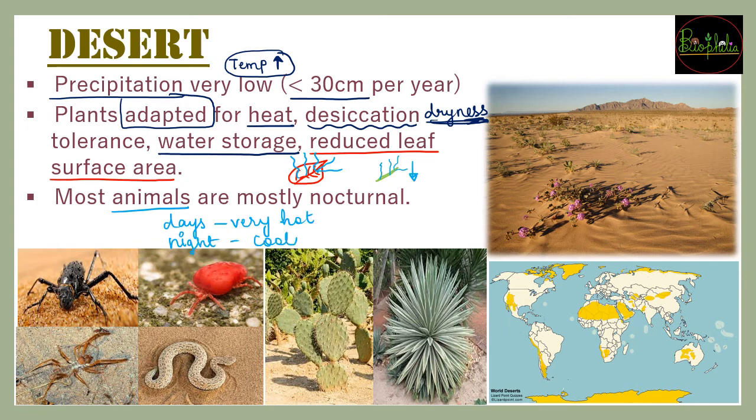So since the nights are cooler, these animals are going to have most of their activities at night. Coolness is going to bring activeness. So since these are going to be active at cooler nights, they are called nocturnal animals. So they will mostly be active during the night, that makes them nocturnal. And that is again the adaptability that is considered for desert animals.